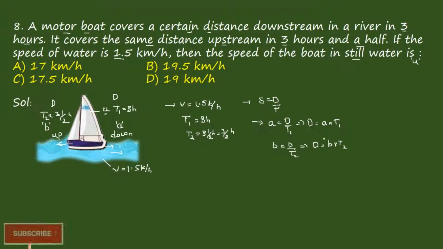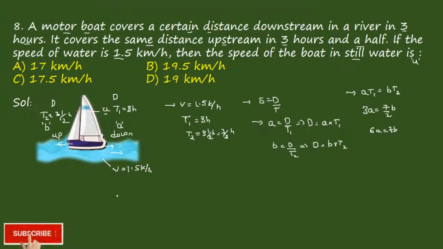Both the distances are the same, so we can equate them. Then we get A into T1 is equal to B into T2. T1 and T2 values are given, right. It becomes 3A is equal to 7 by 2 B, right. Then it becomes 6A is equal to 7B, right.